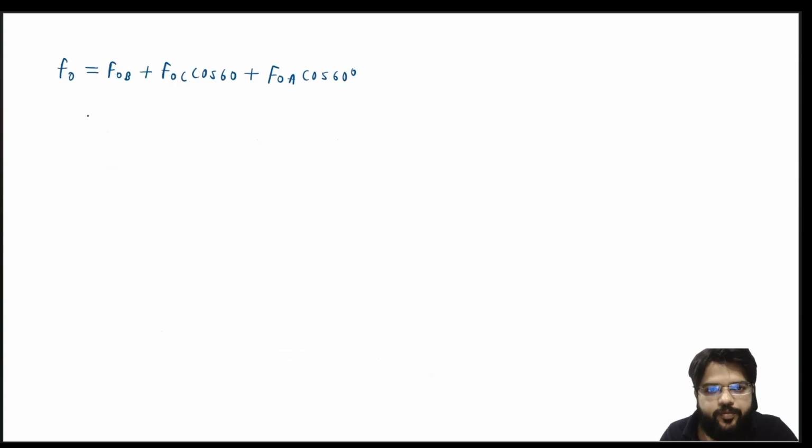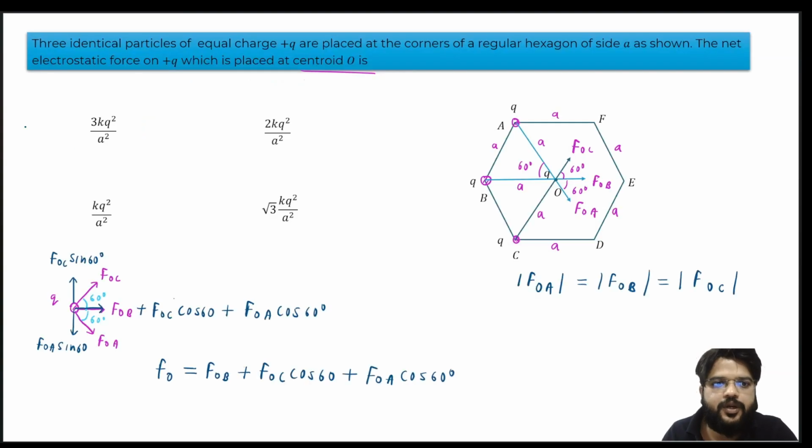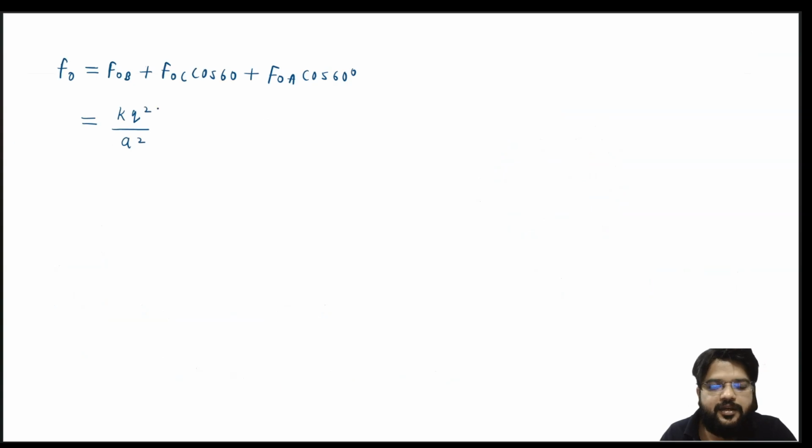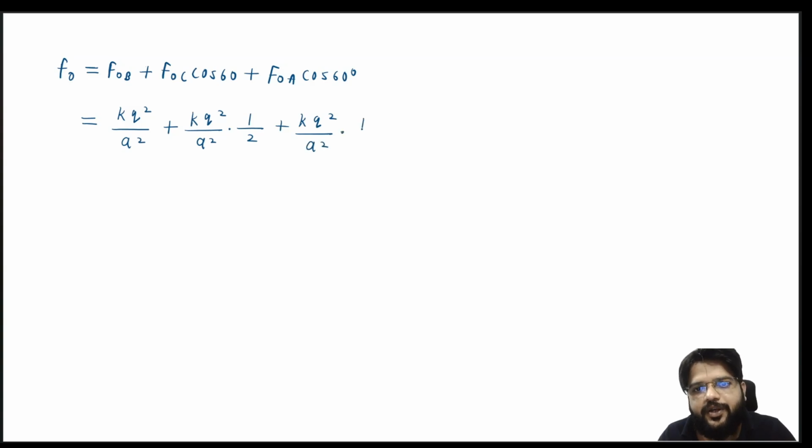So what is FOB, everyone? FOB is KQ square by A square. Look once again at this diagram, everyone. The distance between O and A, O and B, and O and C is A. The charge is Q. Correct? So here it is KQ square by A square plus KQ square by A square, cos 60 value is 1 by 2, plus KQ square by A square into 1 by 2.